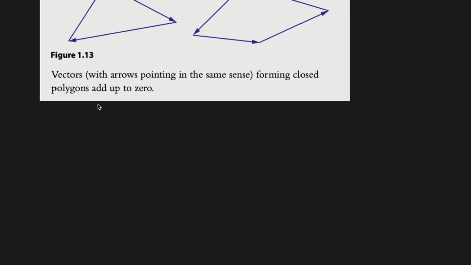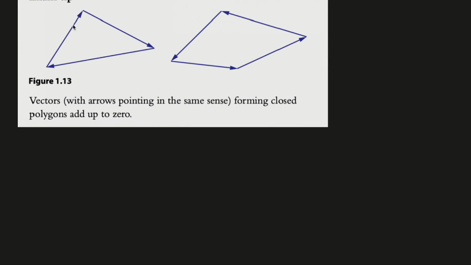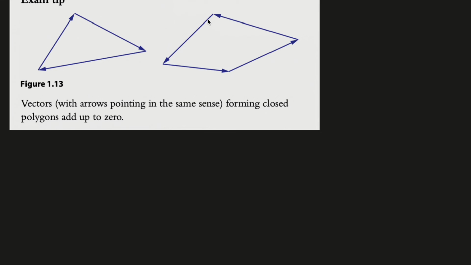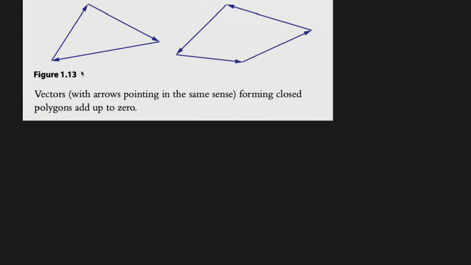You can clearly see in this diagram that they are in cyclic order, forming a closed figure, making a closed shape. Cyclic means one vector here and then the other vector, simply.